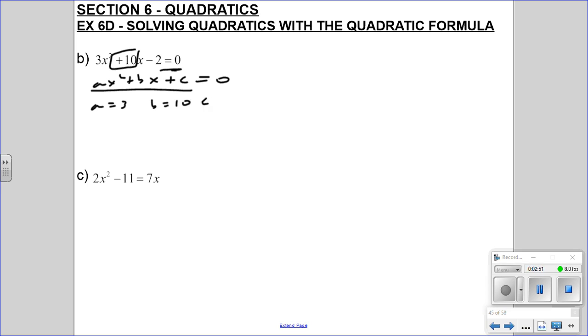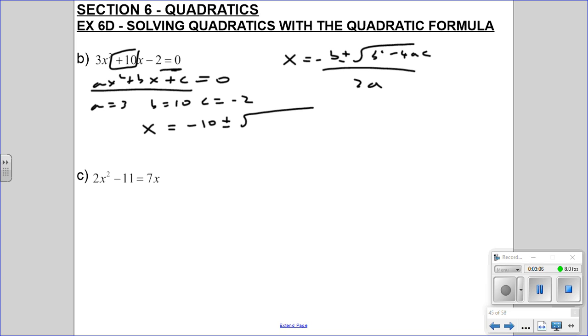So b is 10, c is minus 2, so x equals, again, you can quote the formula if you don't know it, or you just want to make sure you've got that right. Okay, quoting the formula is really nice. So minus 10 plus or minus the square root of 10 squared minus 4 lots of 3 minus 2, all over 2 lots of 3. So x equals, so again we're kind of interacting with our surds work here.